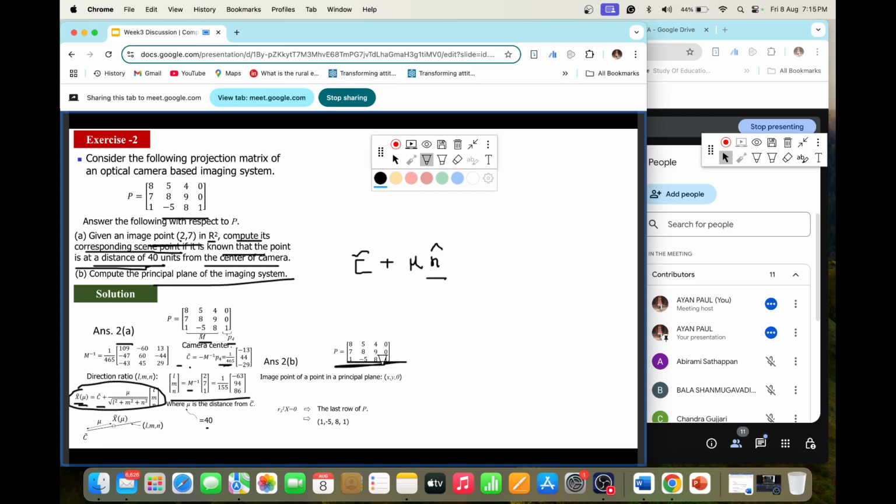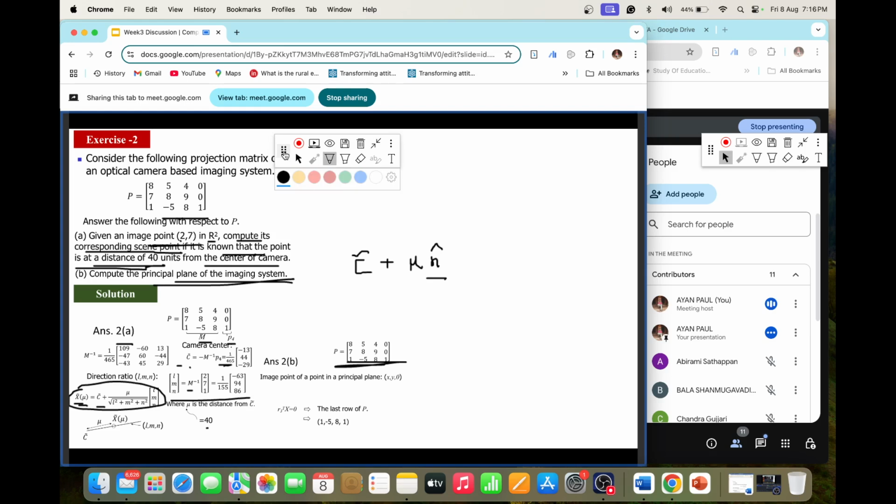So we can easily get the principal plane. That is nothing but the last row of the P matrix. So that is why 1 minus 5 8 1. By that we can get the principal plane of the imaging system.